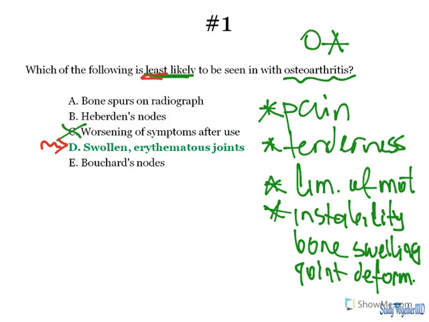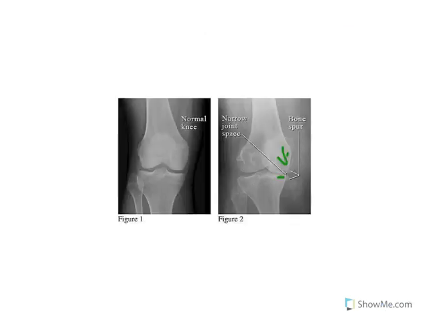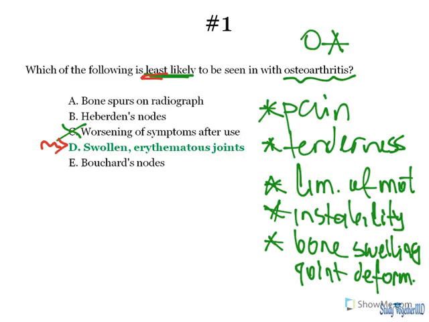So keep in mind that plain x-rays are the most widely used still to diagnose OA, and then the characteristic features can be seen, which are marginal osteophytes or bone spurs, then joint space narrowing, subchondral sclerosis, and cysts. So that's about the bone swelling.